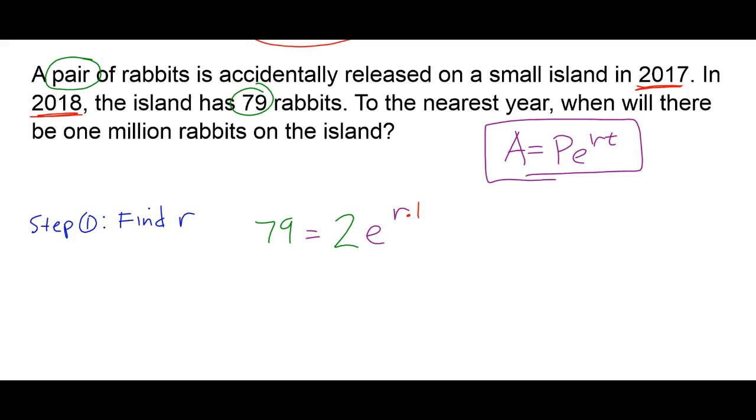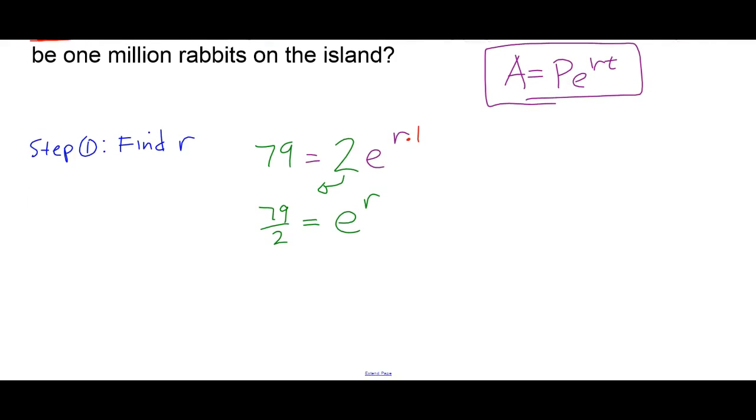It's got an exponential equation where there's exponentials on one side only. So the first step is to isolate the exponential. To isolate the exponential, we have to divide by the 2. So we have 79 divided by 2 equals e to the r. Yeah, it's r times 1, but life will be easier if I say r. Then move the base to the other side.